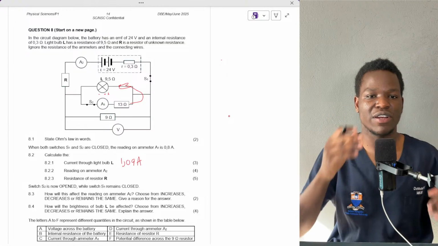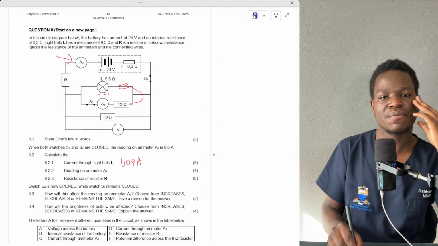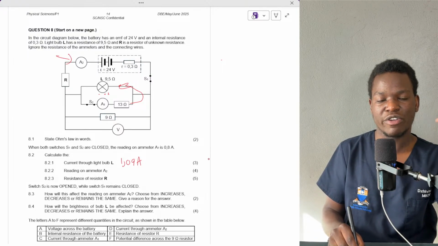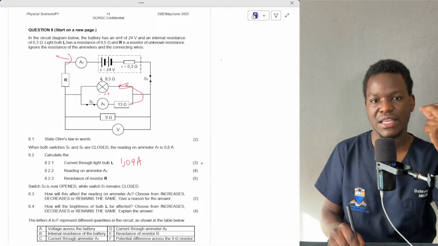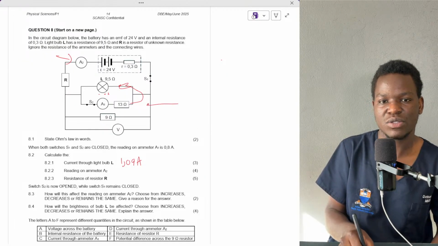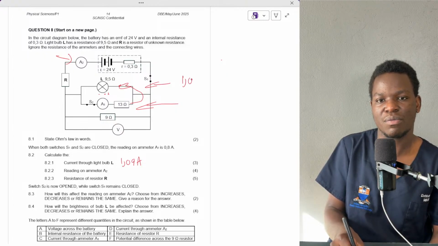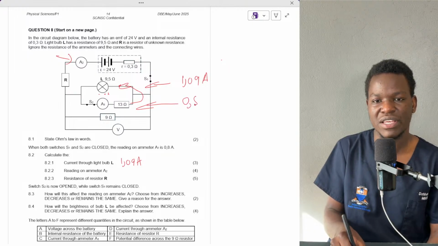The reading on A2. Where is A2 here? It's here. So now, how do we find the reading of A2? The easy way is that we now have the current passing through this branch, and the current passing through this branch. So this branch is 1.09. The current passing through this branch is 0.8.